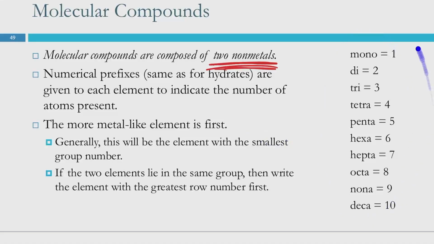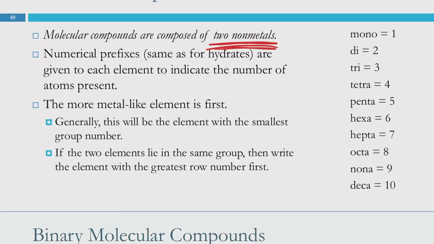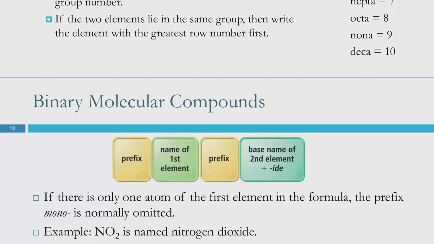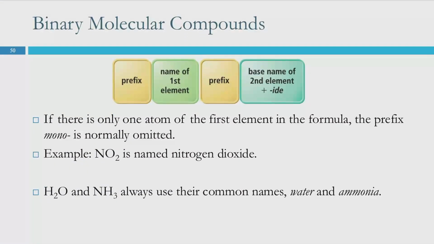And then we're going to be using those same prefixes that we saw for hydrates. We are just going to use binary molecular compounds for now. We'll do a little bit beyond binary molecular compounds perhaps. They have the form prefix, name of the first element, prefix, base name of the second element, change the ending to IDE.